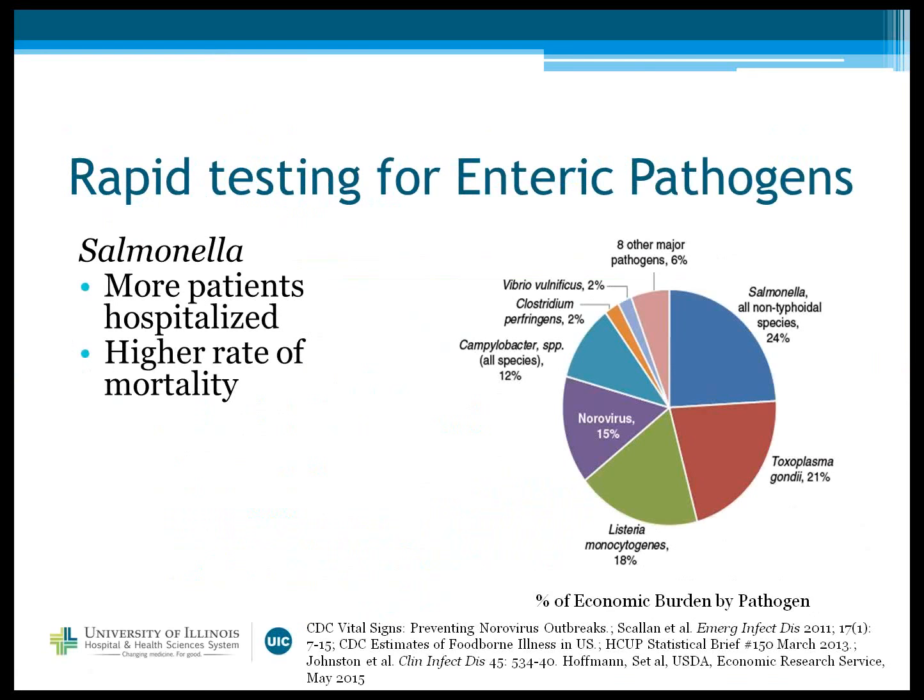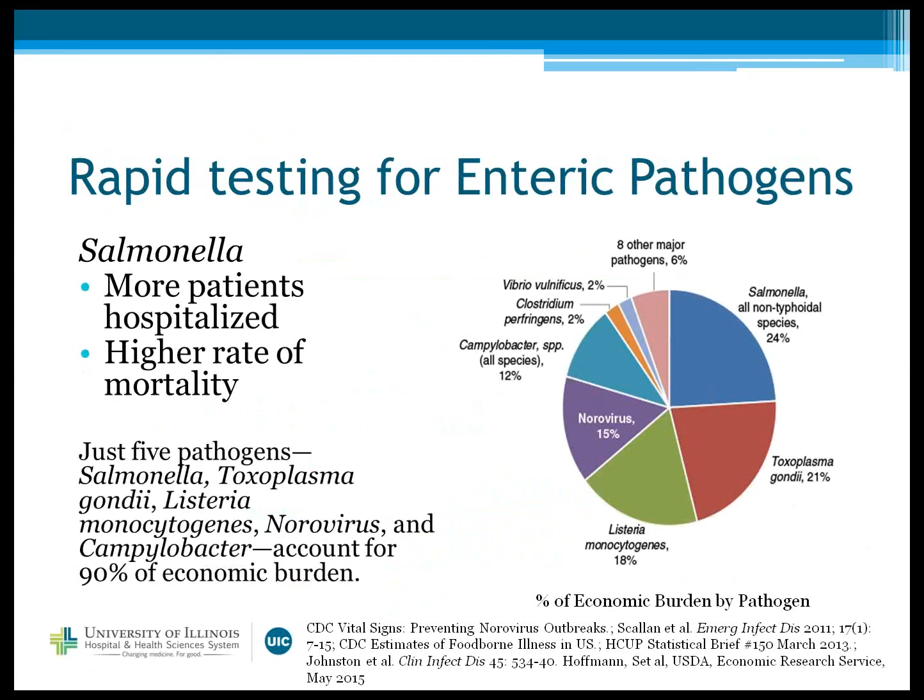So more patients infected with Salmonella are hospitalized. There's a higher rate of mortality. And so they looked at just 5 pathogens causing 90% of the economic burden in terms of care, patient death, and what goes into the public health system in terms of prevention of infection with these types of pathogens.